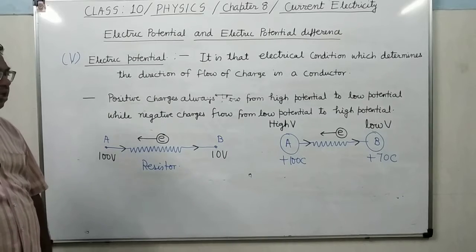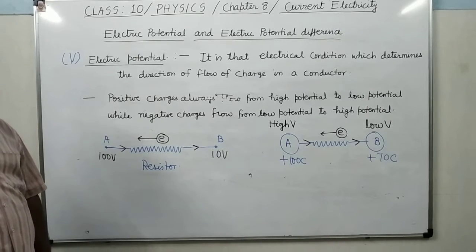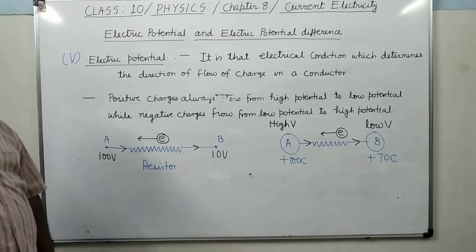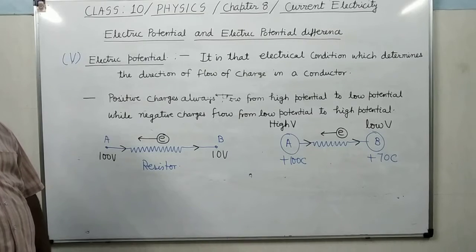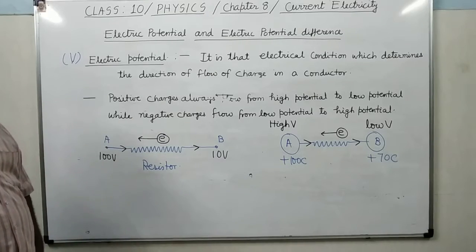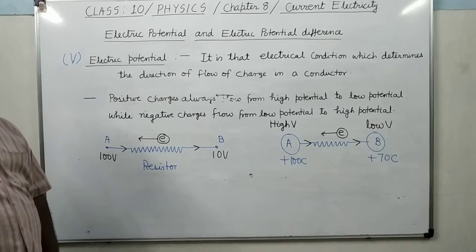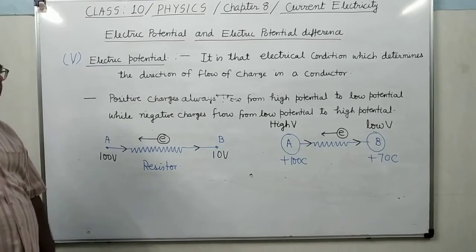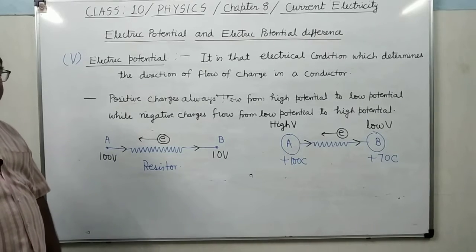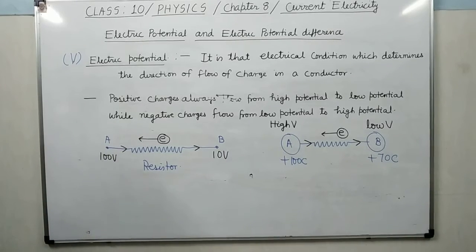Till both bodies acquire the same electric potential. When both acquire the same electric potential, what will happen? There will be no flow of charge. Is it clear? It means there will be no flow of electric current.